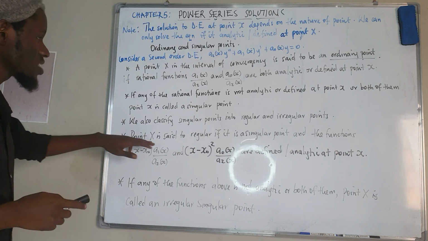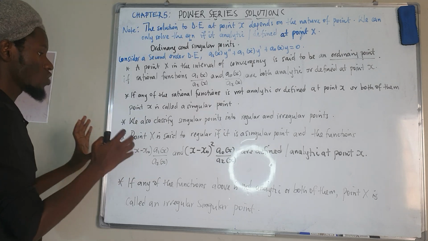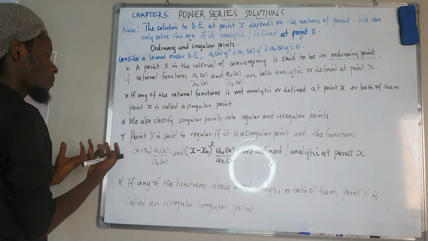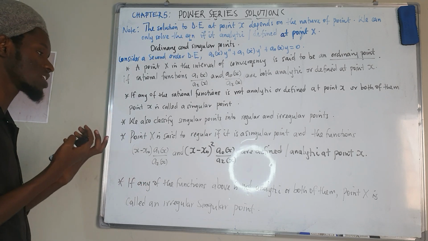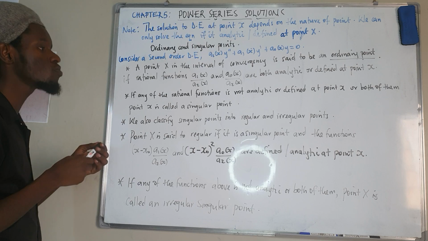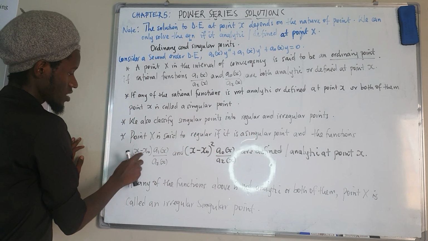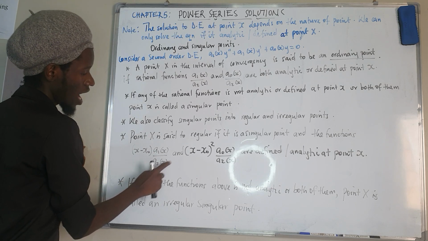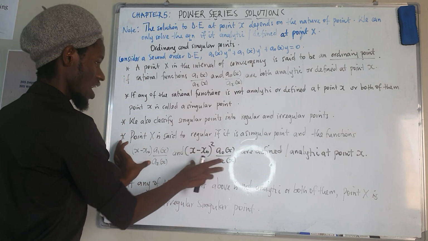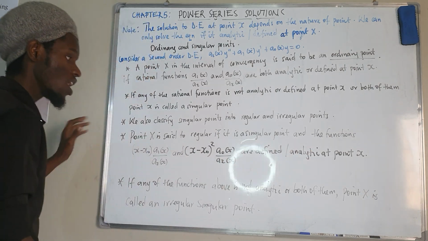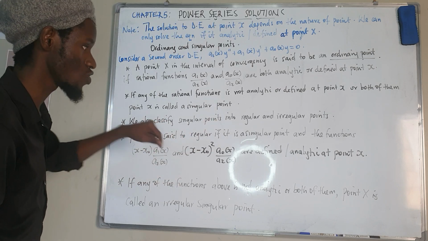Now, first of all, the point has to be singular, and then we want to classify it: is it regular or irregular? A singular point is going to be a regular singular point if x minus x naught times a1(x) over a2(x), and x minus x naught squared times a0(x) over a2(x), are both defined at that point x. If one of them or both of them is not defined at that point x, then the point x becomes an irregular singular point.